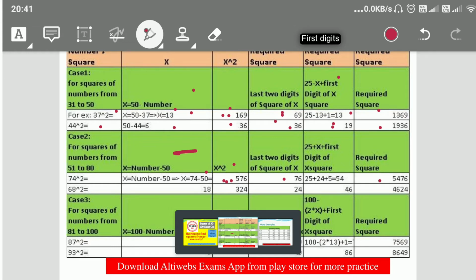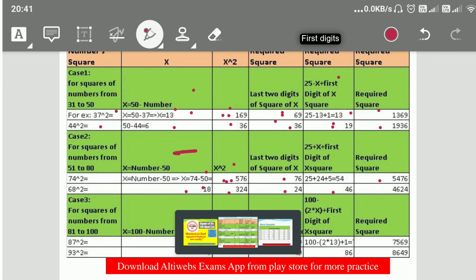Let me tell you one more example. 68 square. Here 68 minus 50 is x. 68 minus 50 is 18. Now you have to find 18 square. 18 square is nothing but 324. Now the last two digits of 324 are 24. Now you want to find the first digits of the required square. What you have to do? 25 plus 18, which is 43.